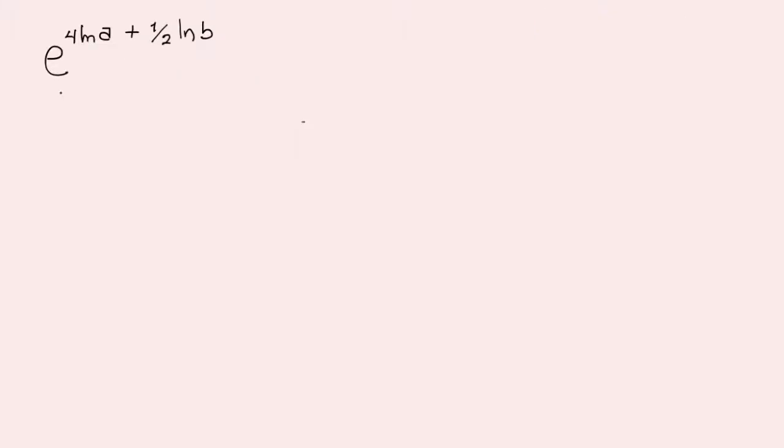So this next question says e to the power of 4 ln a plus half ln b. Now if we isolate this power for a minute, we would have 4 ln a plus half ln b. This we can rewrite as ln a raised to the power 4 plus ln b raised to the power half.